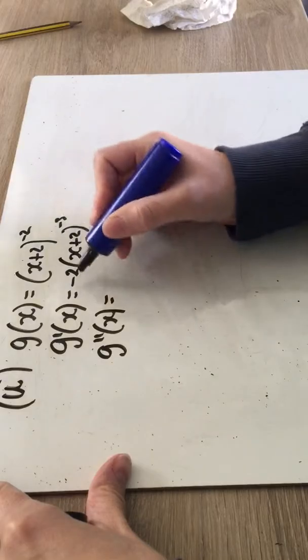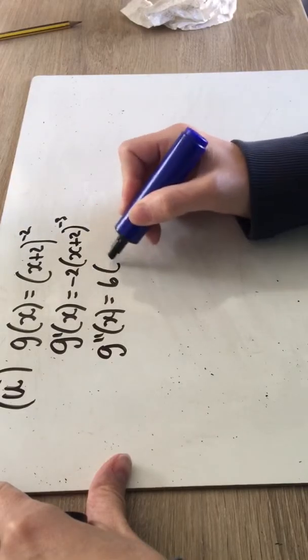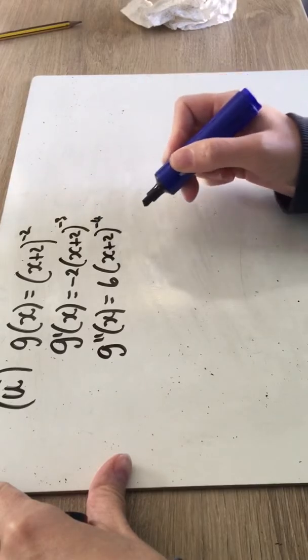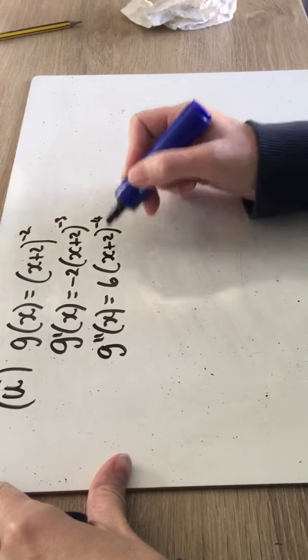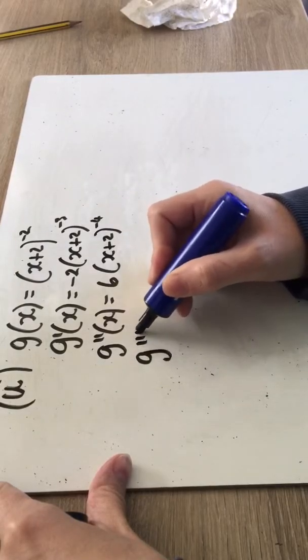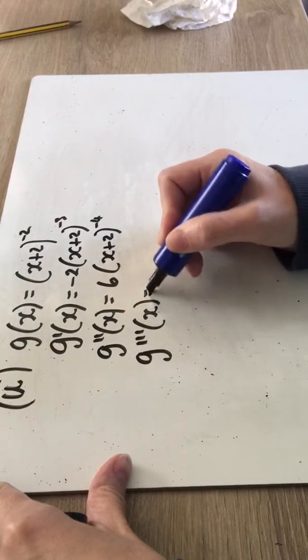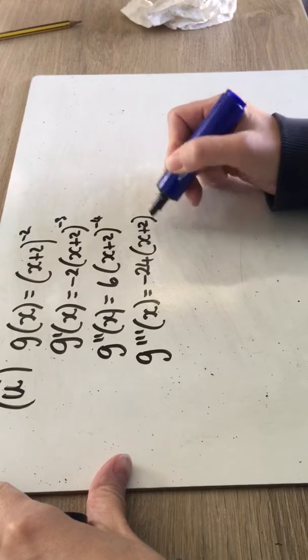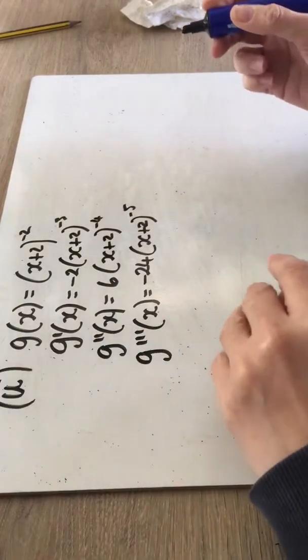Second derivative, chain rule again, 6 x plus 2 to the minus 4, and again the brackets would differentiate to 1, so we don't need to worry about that. And the third derivative, minus 24 x plus 2 to the negative 5.